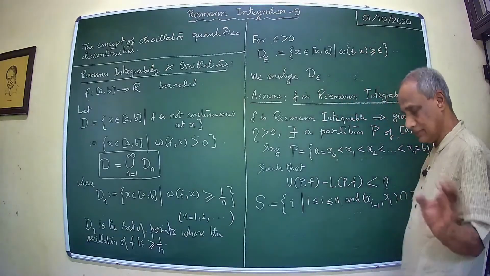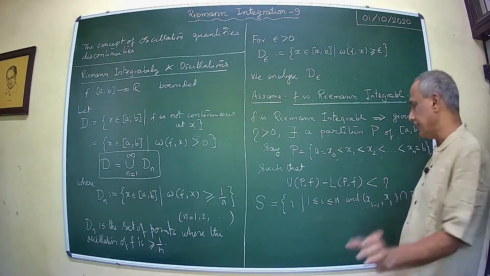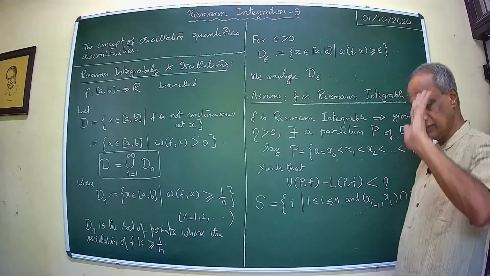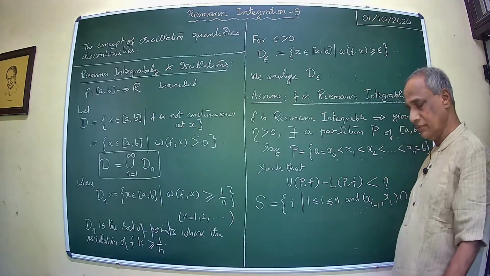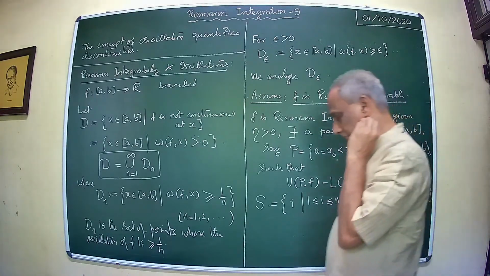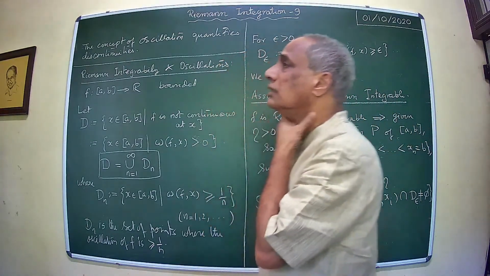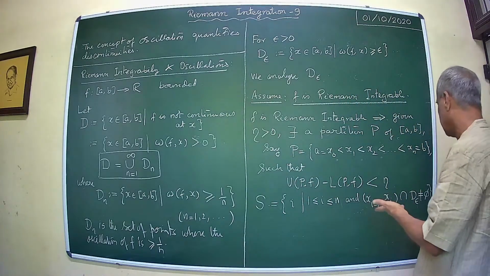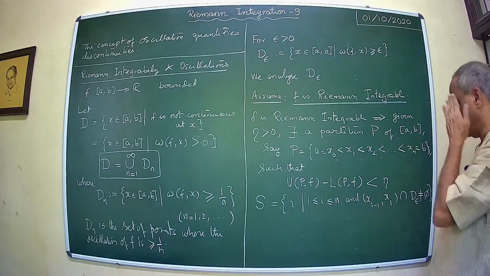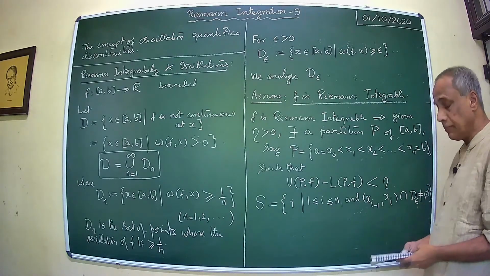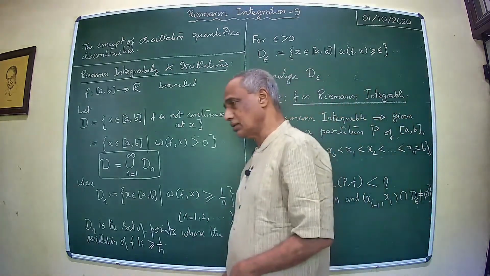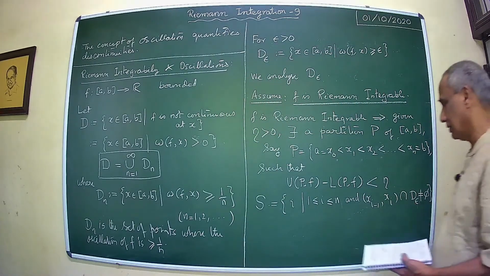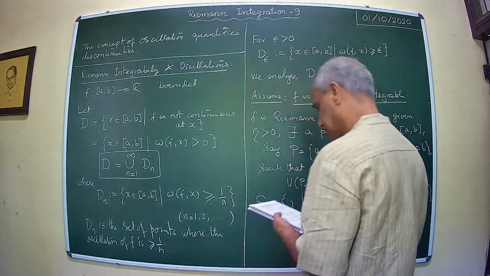So you can subdivide the intervals [x_{i-1}, x_i] into two classes. One, the intervals where the oscillation of the function is less than epsilon, and the other, the set of intervals on which it is greater than or equal to epsilon. And wherever the function is continuous, that point does not come into our application.